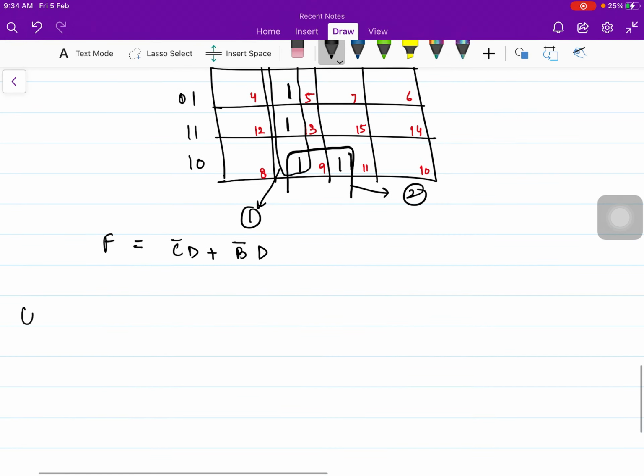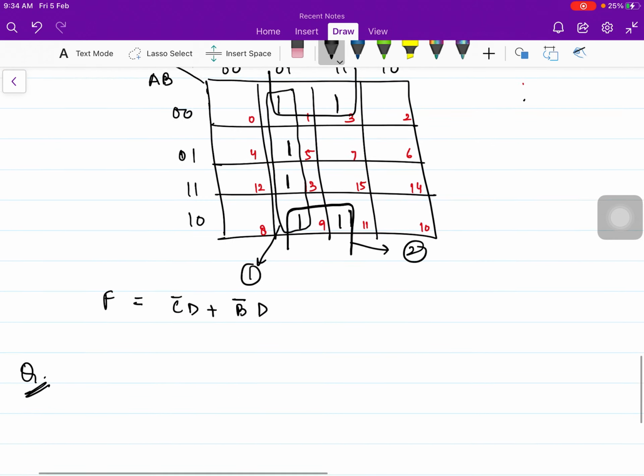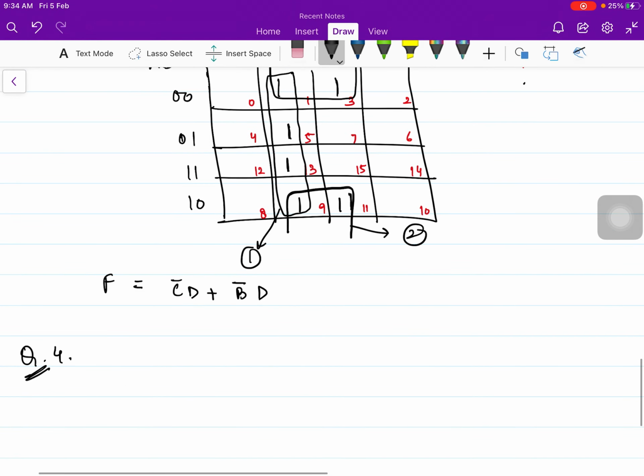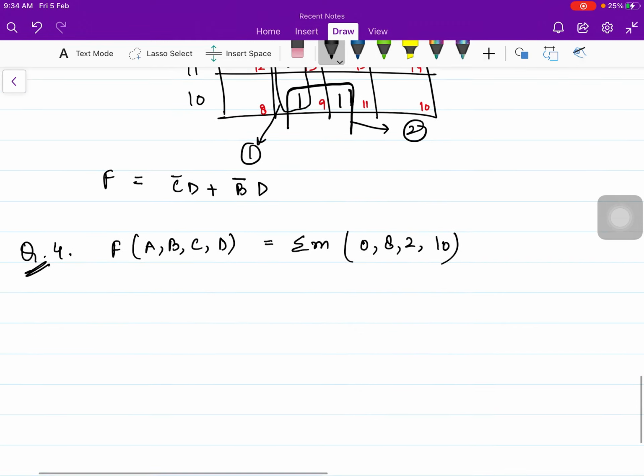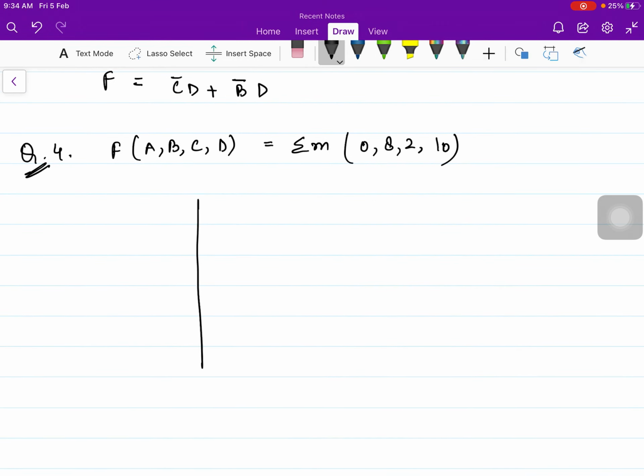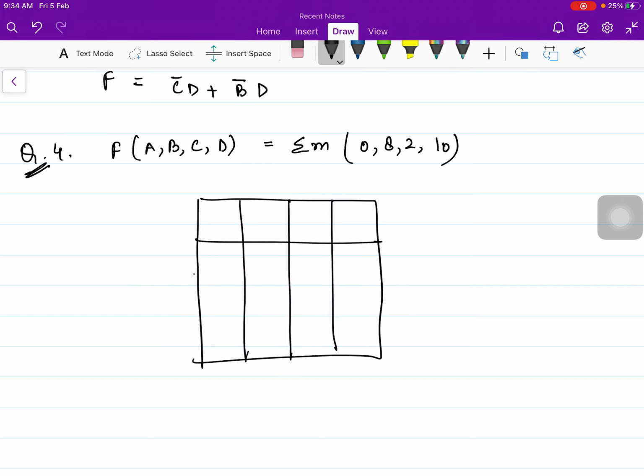Now another question. Question number 4. If ABCD is equal to summation m(0, 2, 8, 10). Let's draw the structure. Mark the variables. Write the combinations.